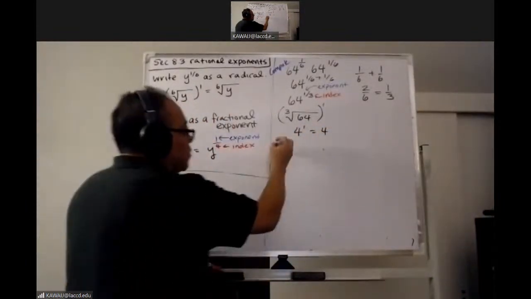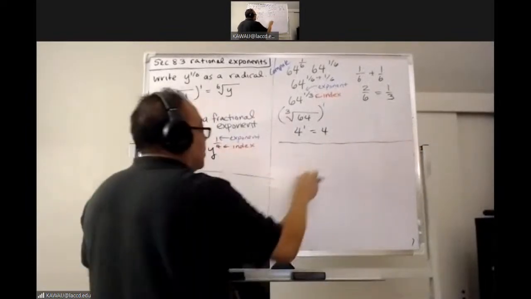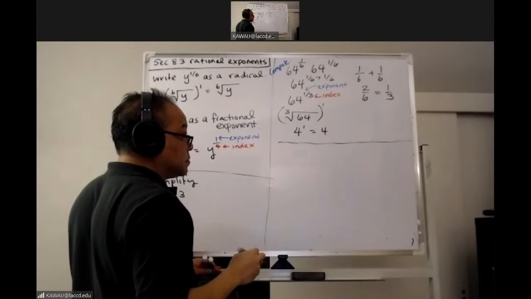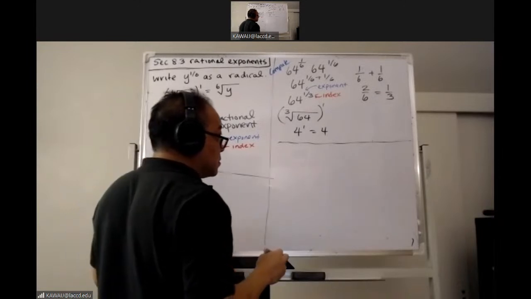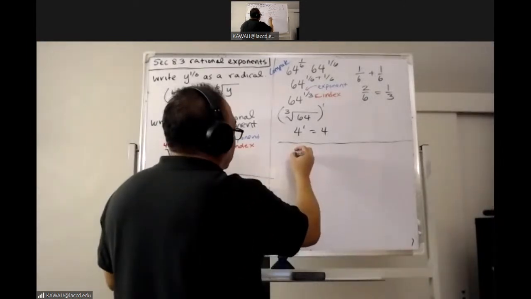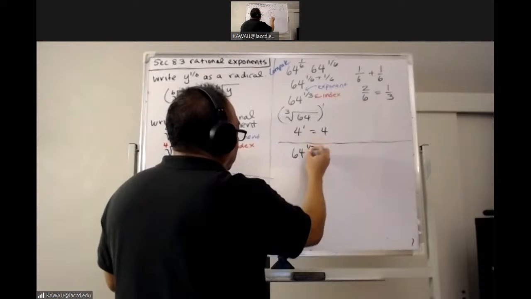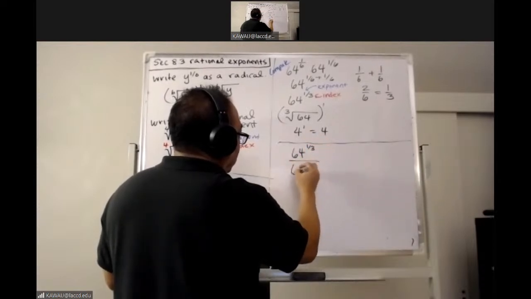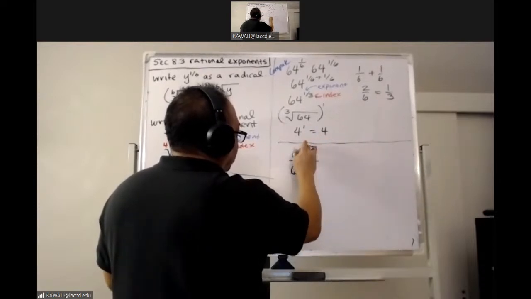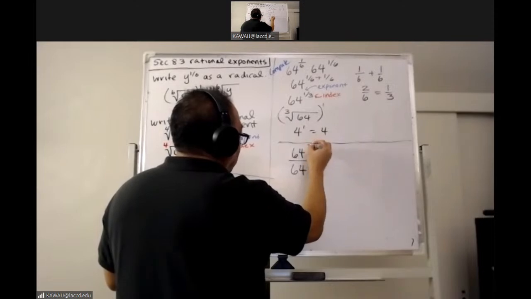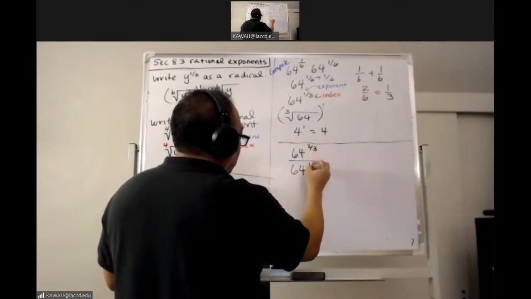Okay, so let me give you another one. Let me give you 64 to the 2/3 over 64 to the 1/6.